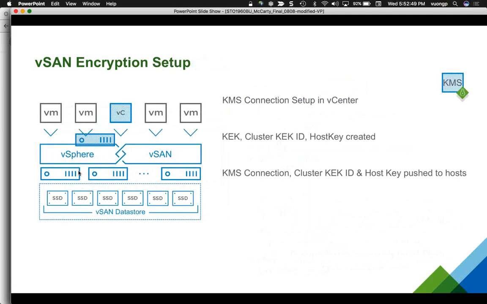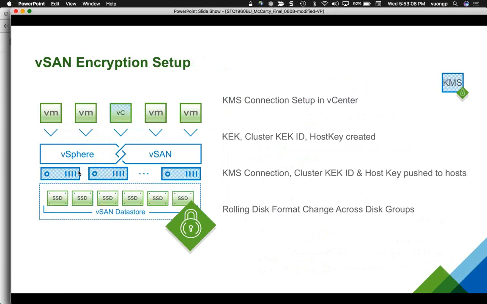The connection is made, and then the key, once it's established, is pushed out to the shared secret. And then what I talked about, the format disk change across all the disk groups. Disk groups refers to the vSAN disk groups in each host. You're done. You're encrypted. That's the simplified version.